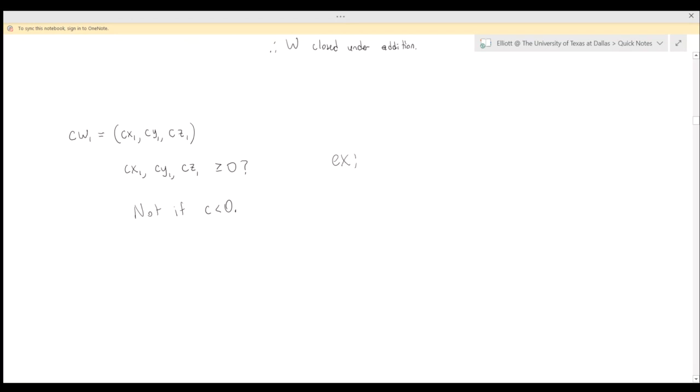Sometimes when you're trying to show that something does not work, I find it useful to provide a specific counterexample. For instance, I can take a vector like 1, 2, 3. This would certainly be a vector in W because all of its components are positive. But when we multiply this vector by the scalar -1, all the components become negative.